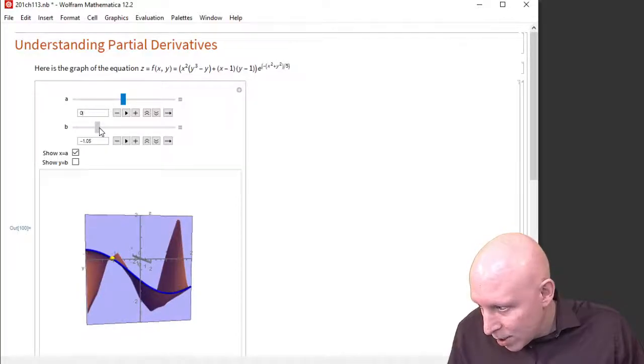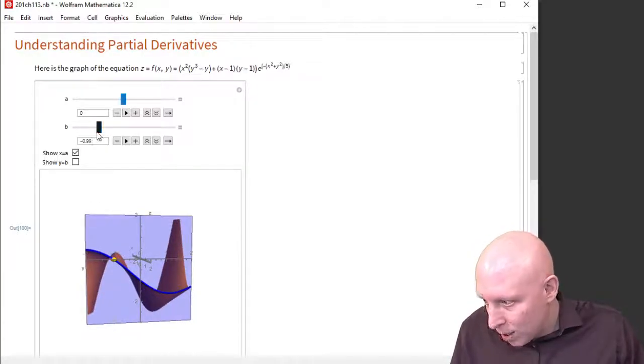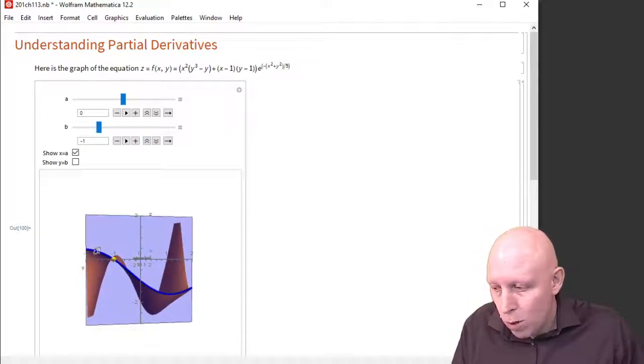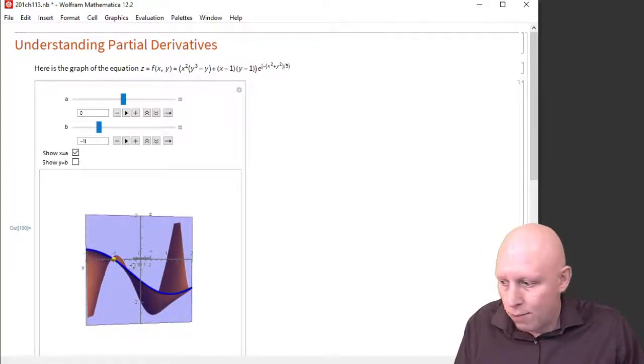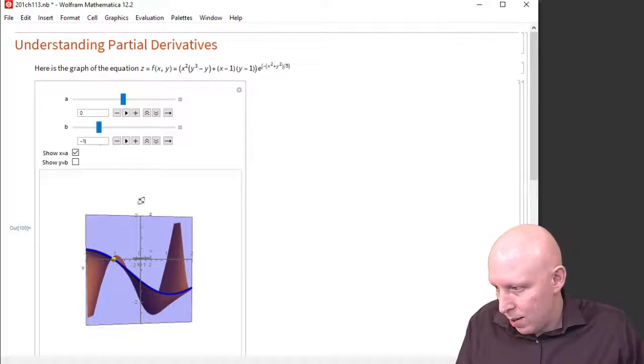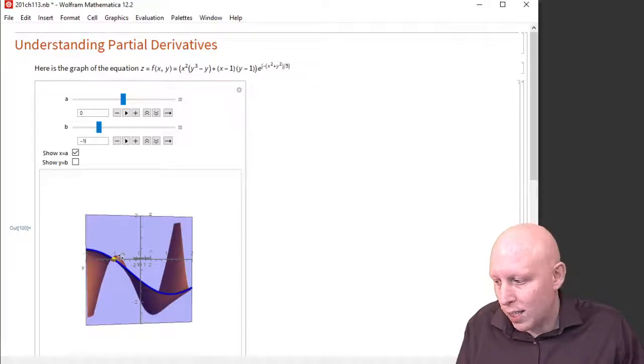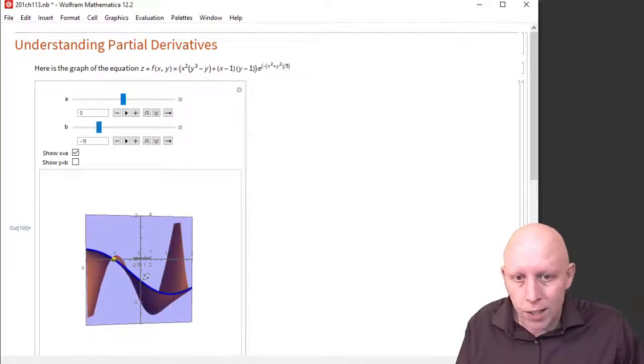So at (0, -1), what we can see is that the slope of this tangent line is negative 1/2 or so. And what that's saying is that the partial derivative with respect to y of f(x, y) at the point (0, -1) is about -1/2.